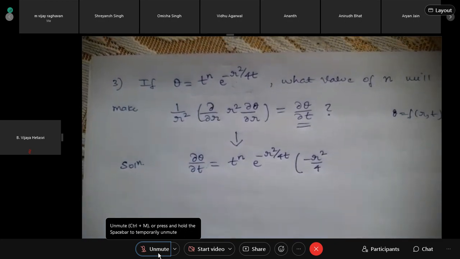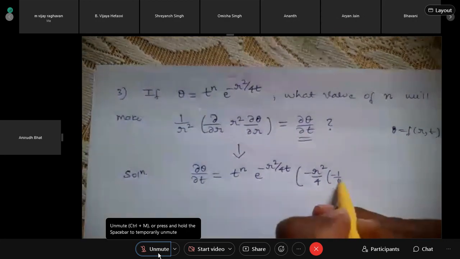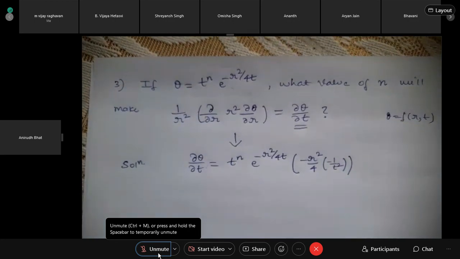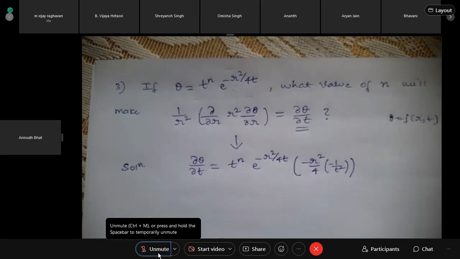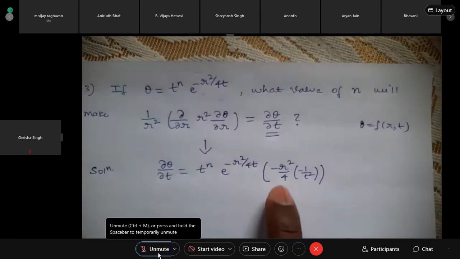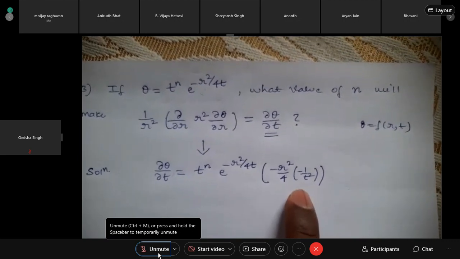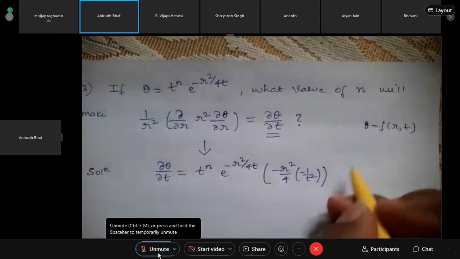Then minus 1 by t square, so the minus gets cancelled, and I will write one step: minus 1 by t square. Correct? Yes, sir. Am I done with the differentiation of first into second? Please check whether I have done it correctly, otherwise we won't get the answer. Correct, sir.